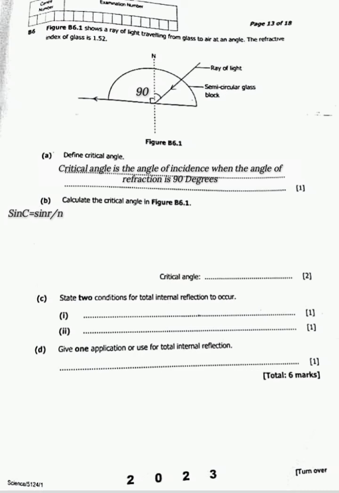Now, since here I'm saying the critical angle is the angle of incidence when the angle of refraction is 90 degrees, on this formula here, I'm going to put 90 on the angle of refraction. So I'm going to say sine 90, then the answer is going to give me 1.